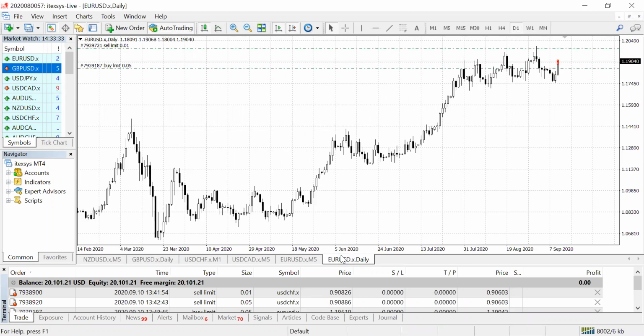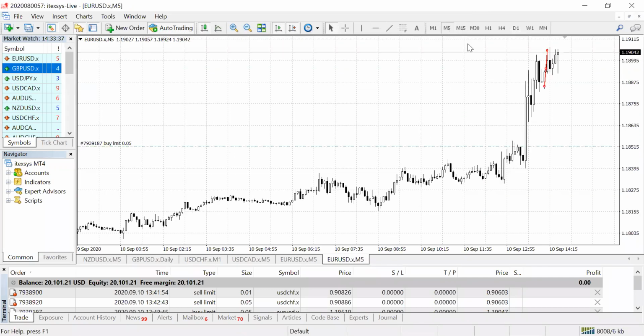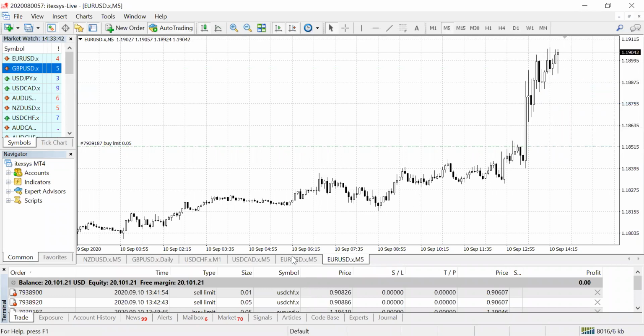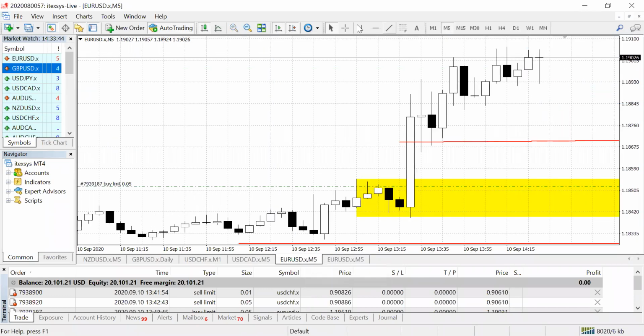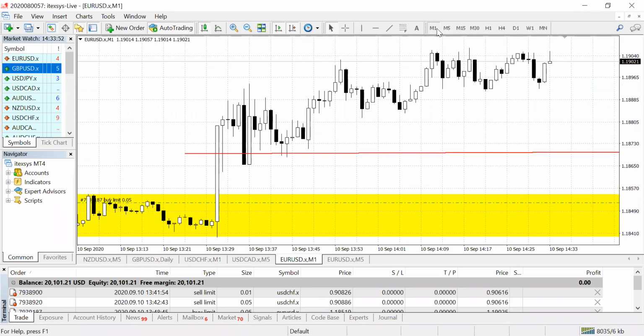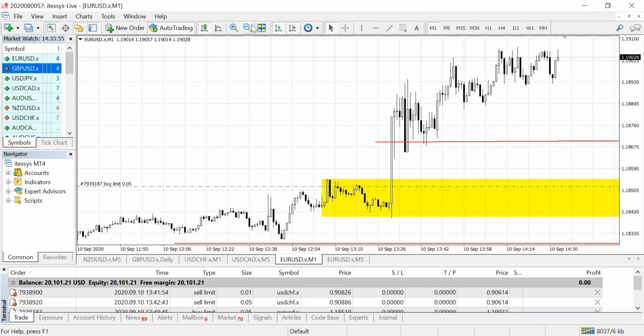Let's see what's going on with all our trades. Okay, bullish are there. This might sound a bit weird, but I might try to short the Euro USD.